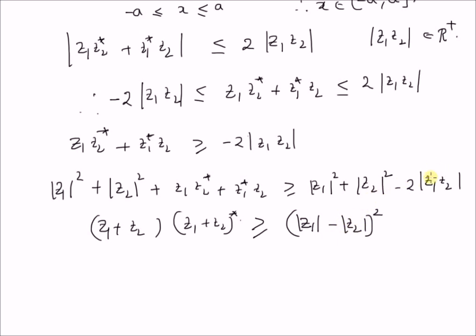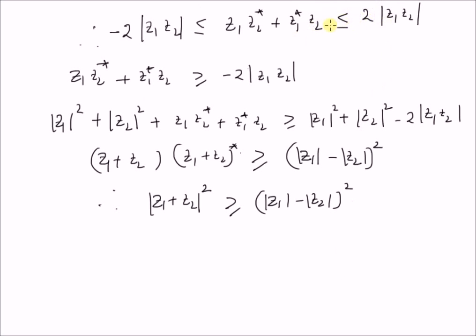This is true because the absolute value of the product z1 z2 is equal to the product of the absolute values of z1 and z2. So therefore |z1 + z2|² is always greater than or equal to the square of the difference, (|z1| - |z2|)².